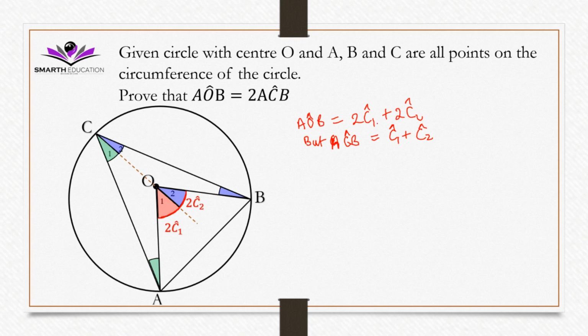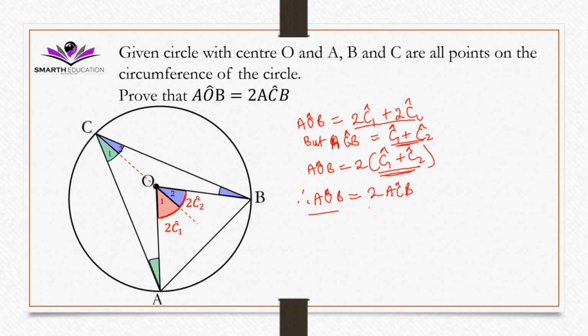If you check here, we can factor out 2, it's a common factor. AOB is equal to 2, then we get angle C1 plus angle C2 inside the bracket. And this angle C1 plus angle C2 is actually angle ACB. So we can say therefore angle AOB is equal to 2 times angle ACB. We've proved the theorem. Done.